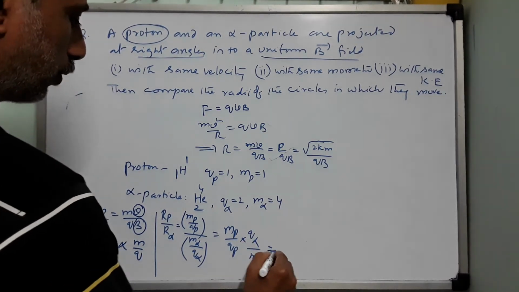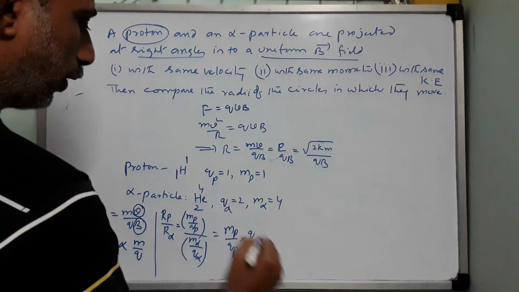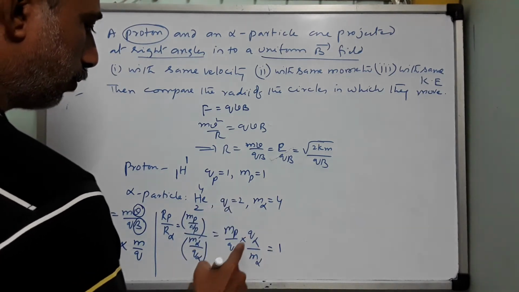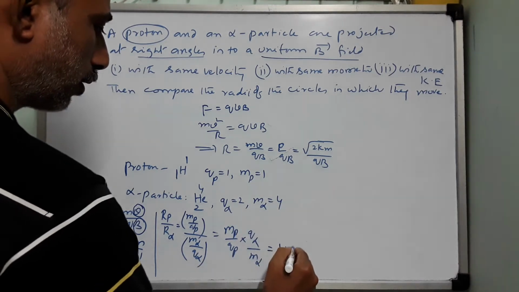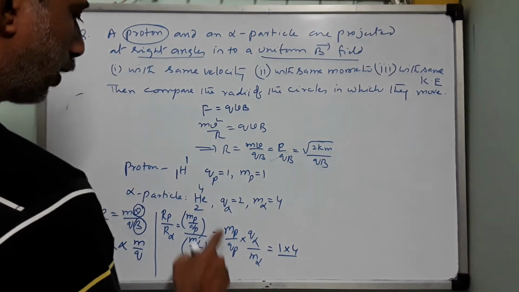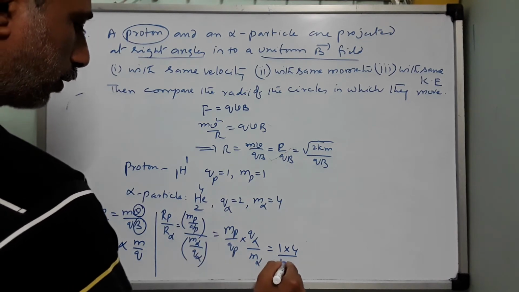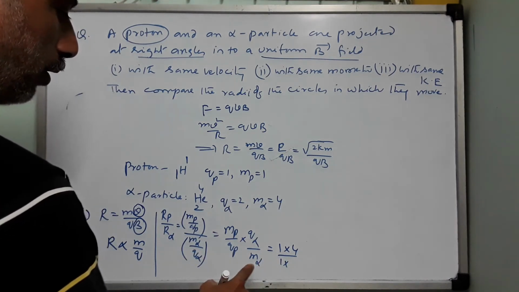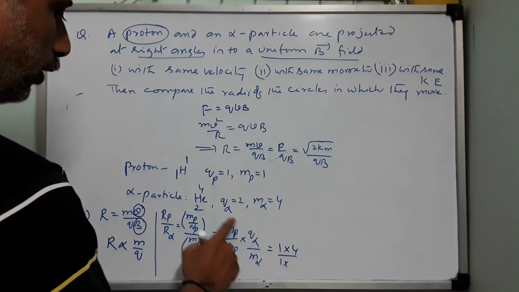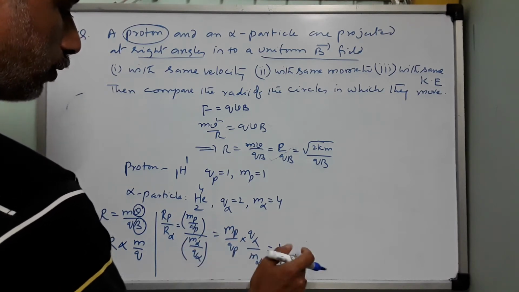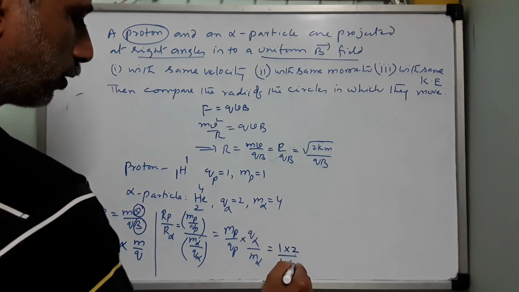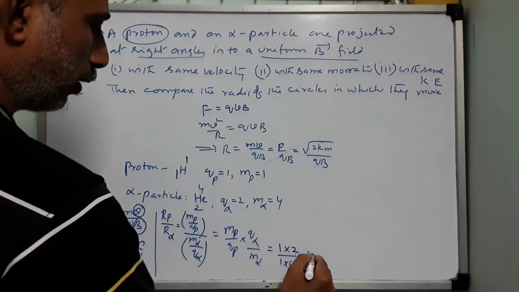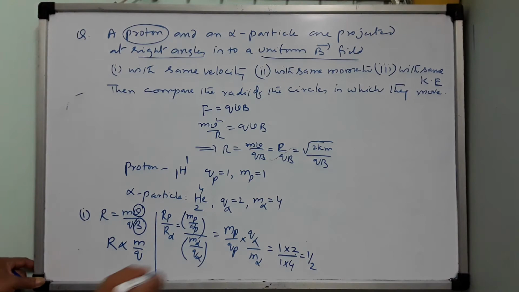Now substitute. Mass of proton 1 unit, charge of alpha 2 units, charge of proton 1 unit, mass of alpha 4 units. So how much? 1 by 2.